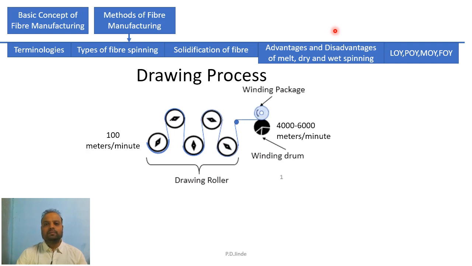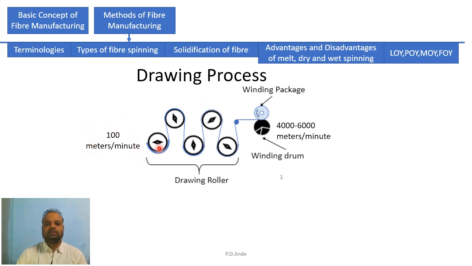When you observe closely, you will see that each drawing roller rotates at a different speed. The first roller has a speed of about 100 meters per minute.